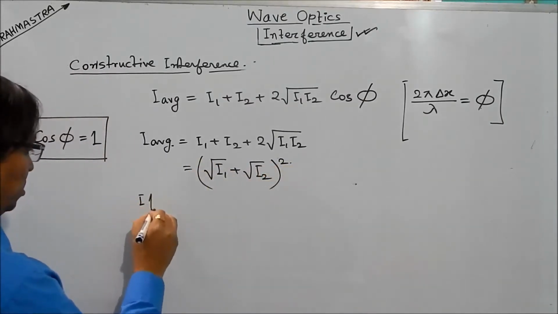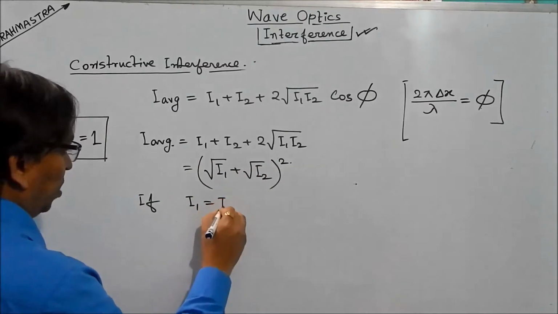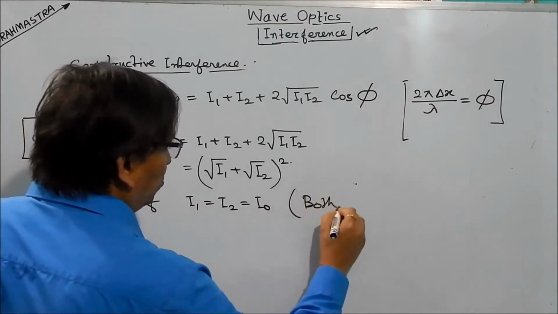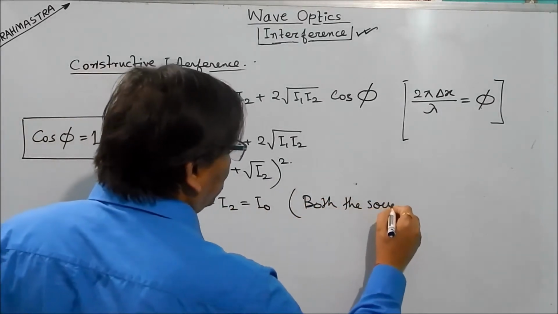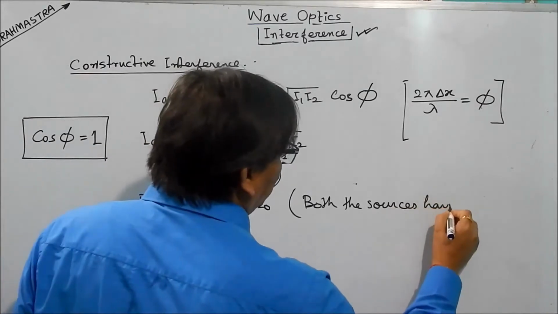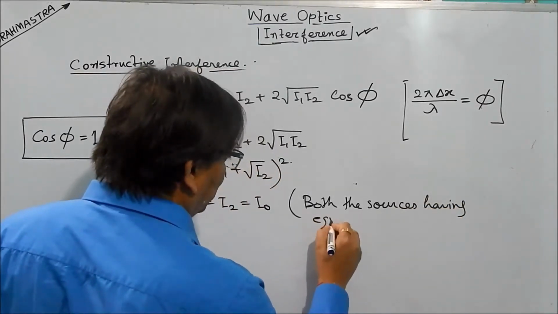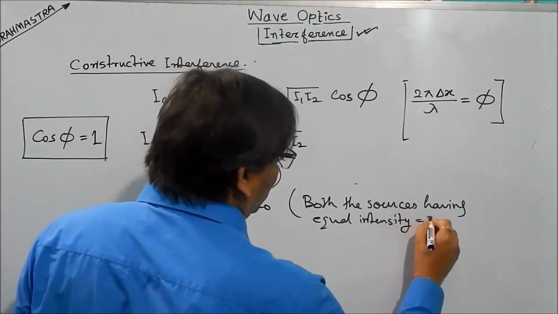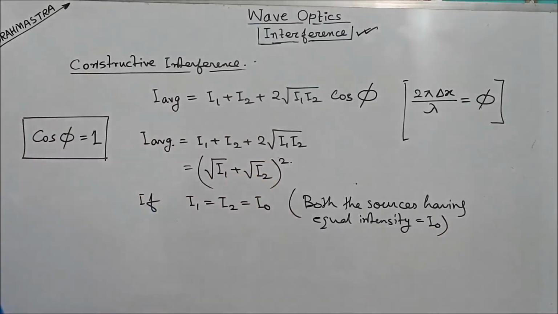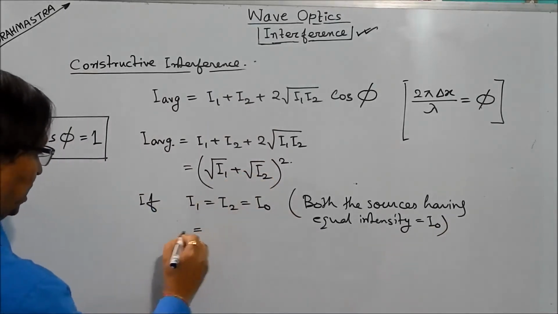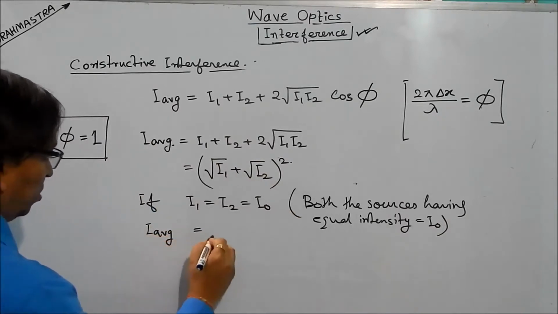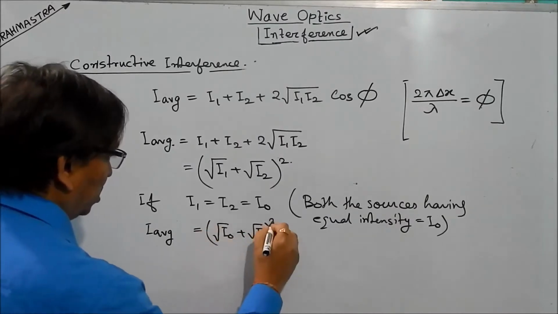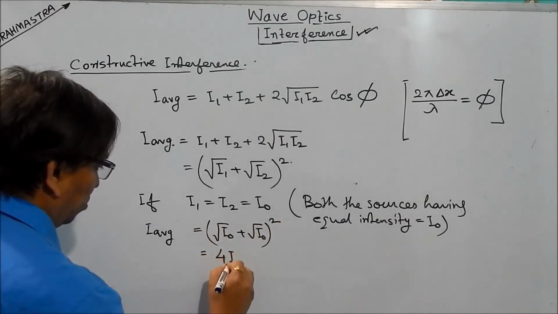Now if I1 is equal to I2 is equal to I0, that means both the sources have equal intensity, then I average will be equal to root under I0 plus root under I0 and the square of this. So you will get this as 4 I0.